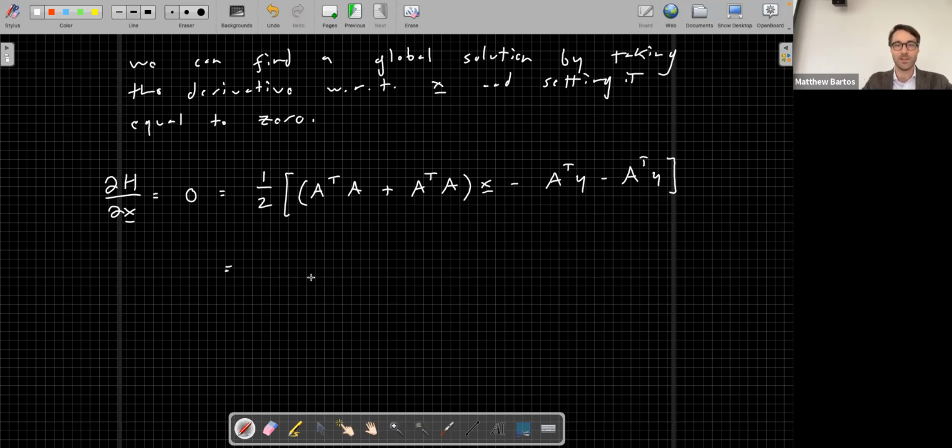And we end up with 0 is equal to A transpose A times X minus A transpose Y. All right. If we rearrange this, we get A transpose A times X is equal to A transpose Y. And then all we need to do to find X is, what can we do to find X?